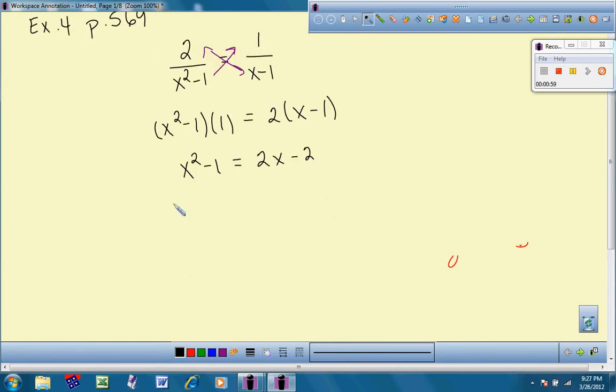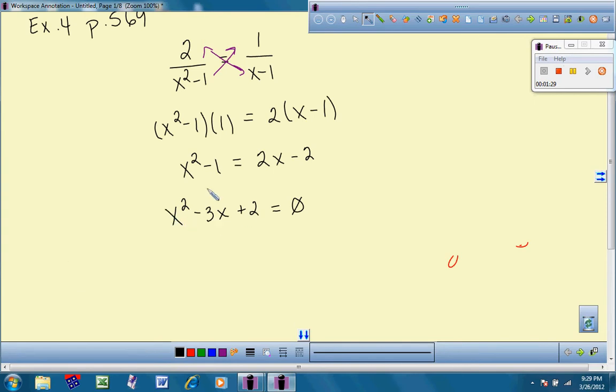So we would get x squared minus 3x plus 2. Okay, since we shifted everything over, we're going to set the entire thing equal to 0.